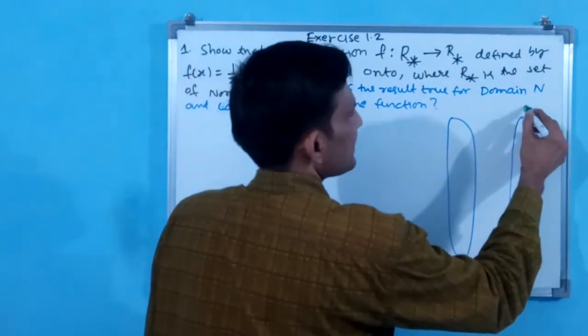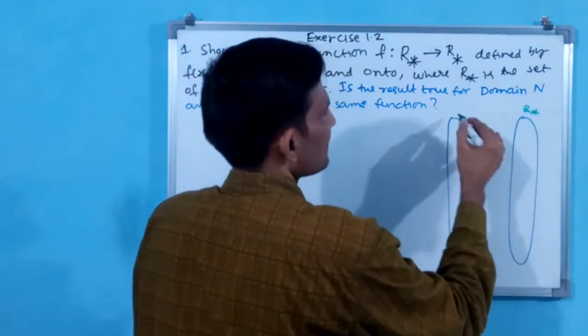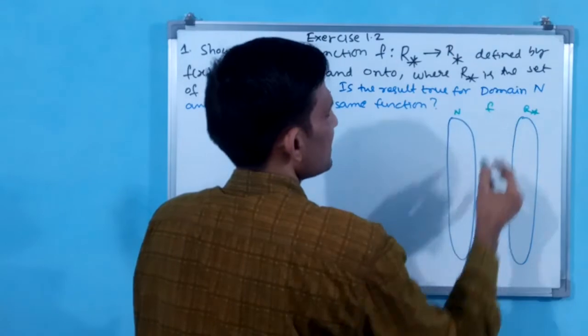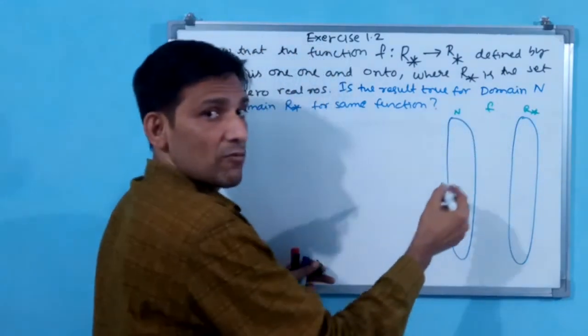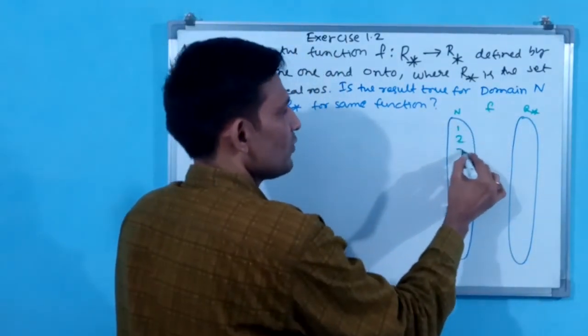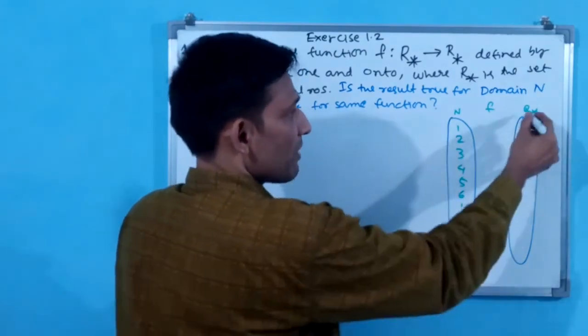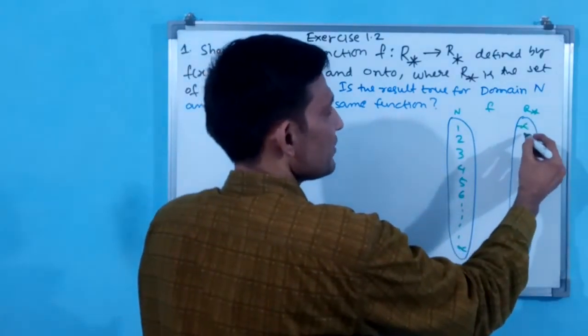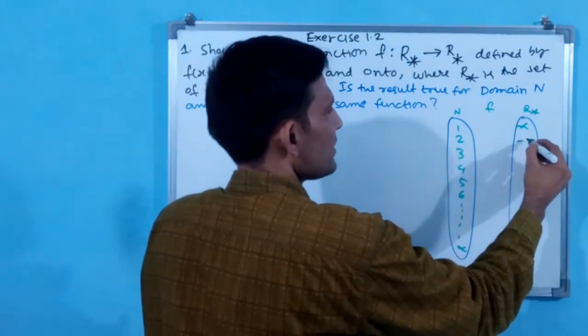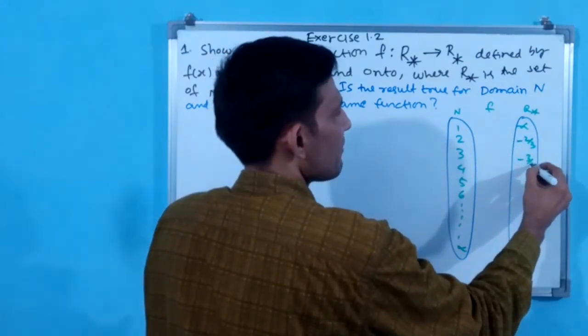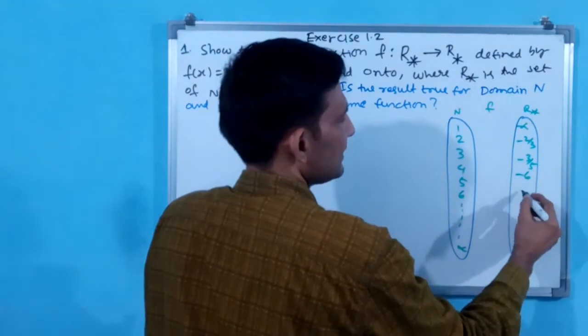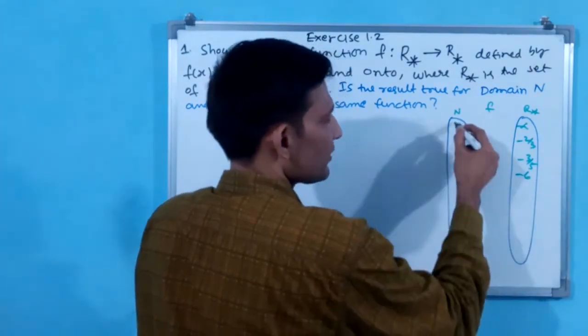Say this is R star. Sorry, this is N. The function is there. In N, what will come? 1, 2, 3, 4, 5, 6, like that up to infinity. But for R star, minus infinity it will start: minus infinity, minus 2 by 3, minus 3 by 5, minus 6. 0 will not be there. Here also 0 will not be there.